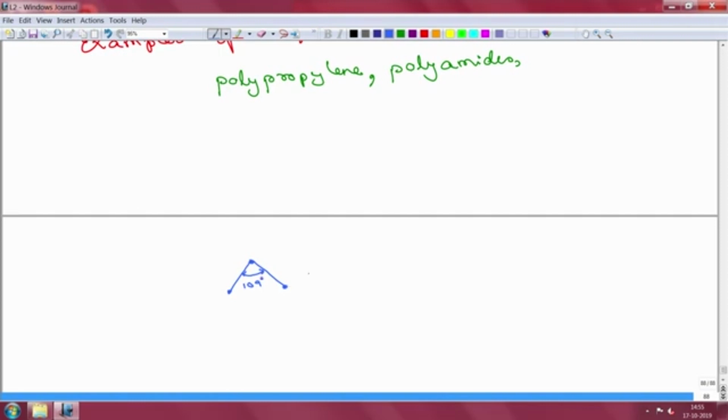So, a linear or fully extended chain would have a backbone like this. So, this is your linear, sorry, fully extended polyethylene chain.